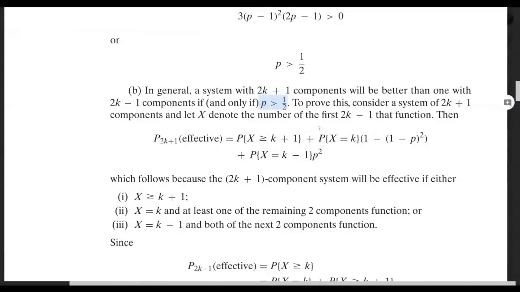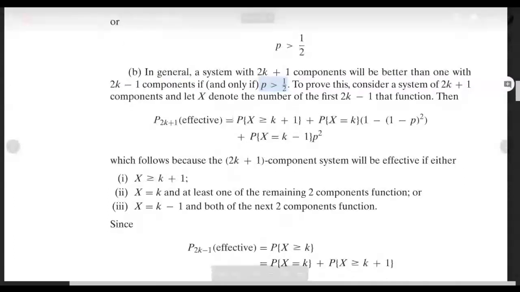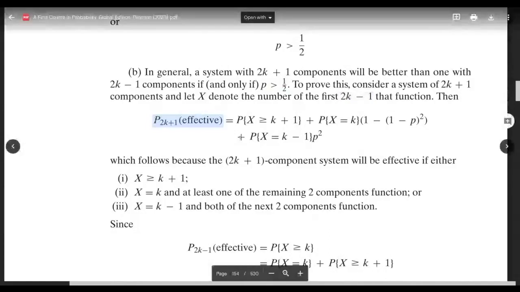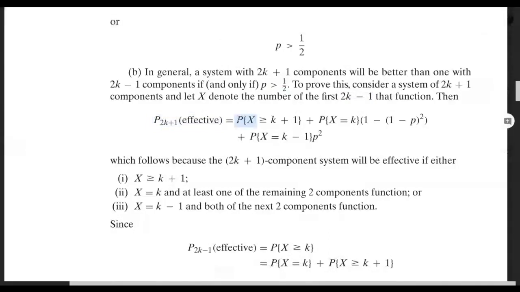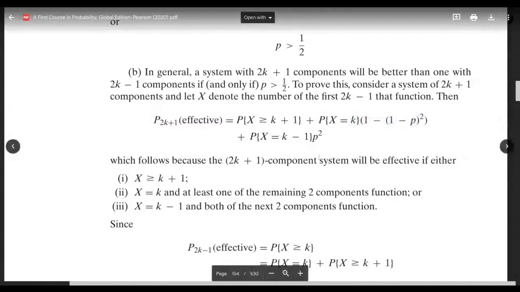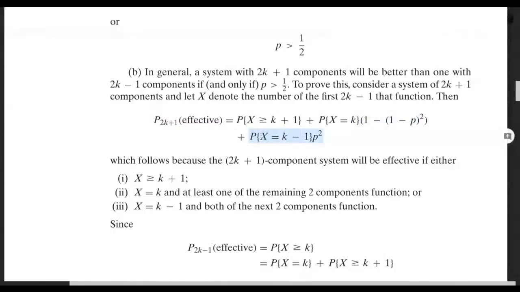To prove this, consider a system with 2k plus 1 components, and let X denote the number of the first 2k minus 1 that function. Then the probability that 2k plus 1 is effective equals the probability of X greater than or equal to k plus 1, plus the probability of k, then the probability of k for k minus 1.